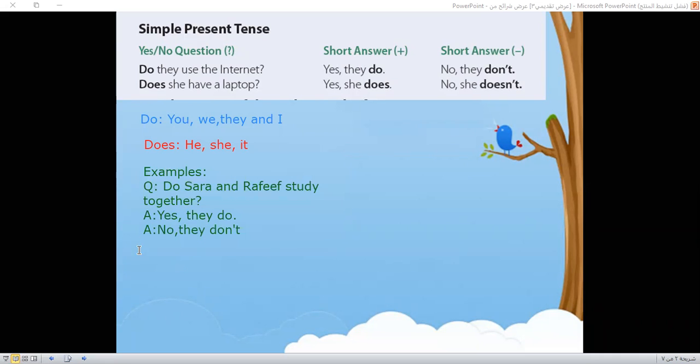Okay, if I'm going to say, for example, using does, does anyone have an example with does? So, for example, we will say, does Rima sleep, let's say, 8 hours a day?